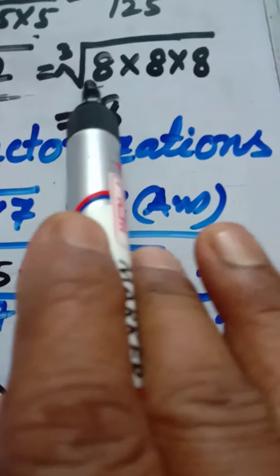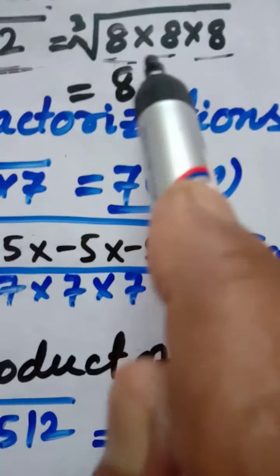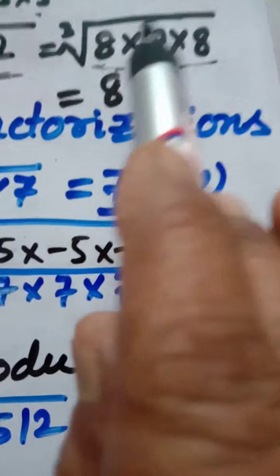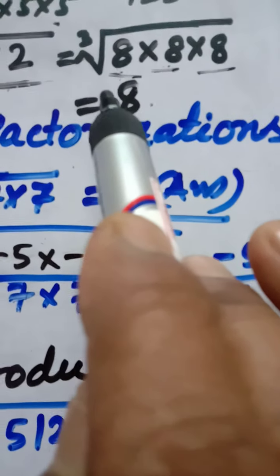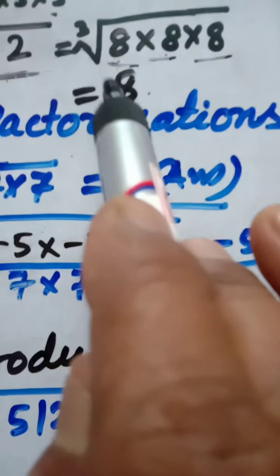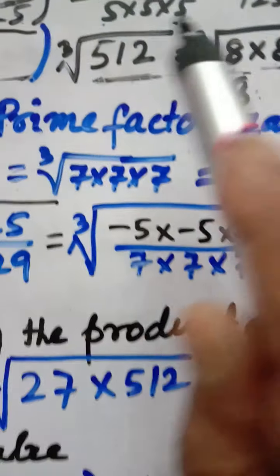All three 8s are multiplied here. So in a triplet, one of the numbers becomes the cube root. In a pair, we pick 1 in case of square root value. In case of cube root value, in a triplet only we pick one number. So 8 is the cube root of 512.